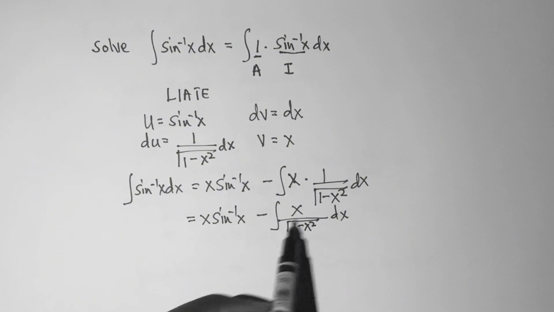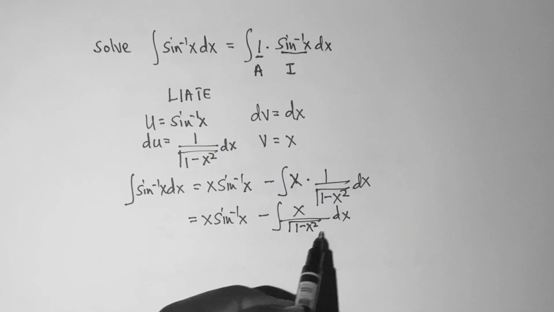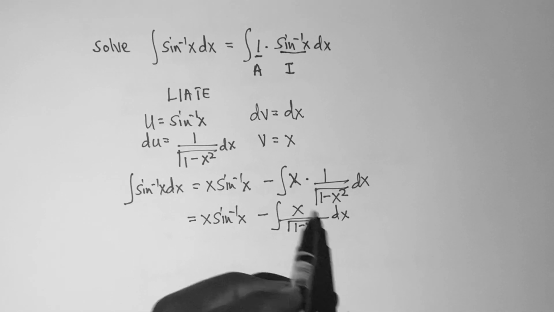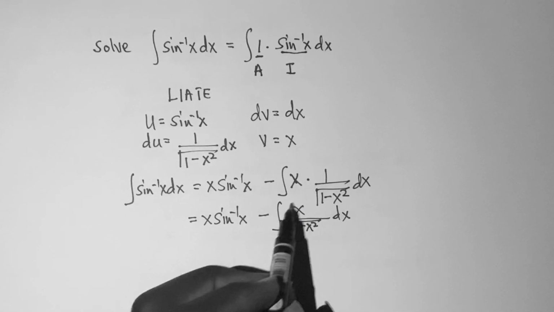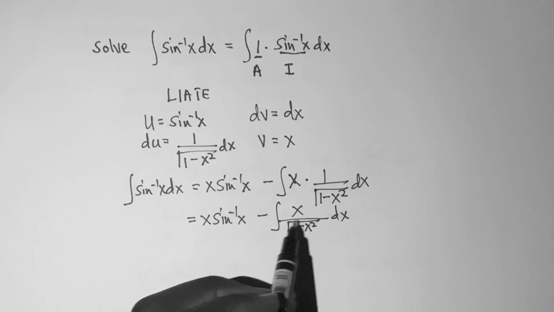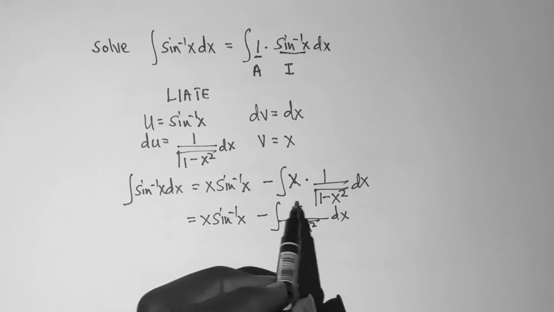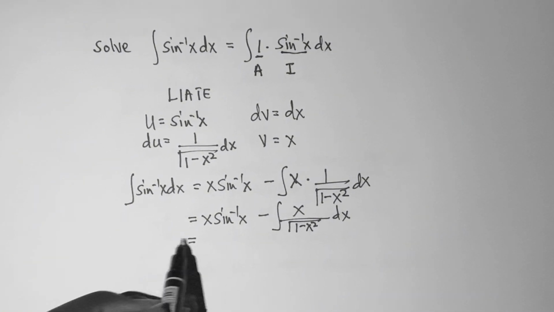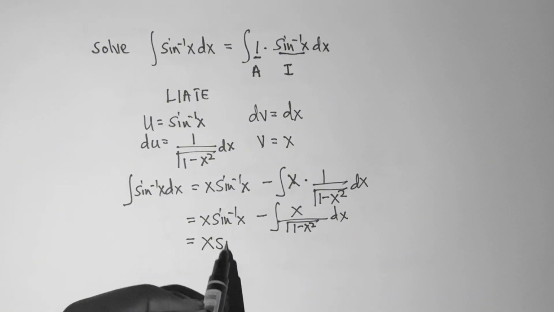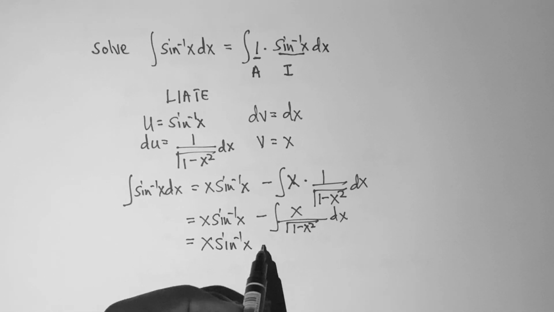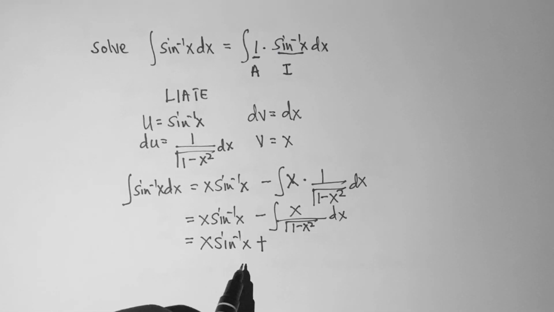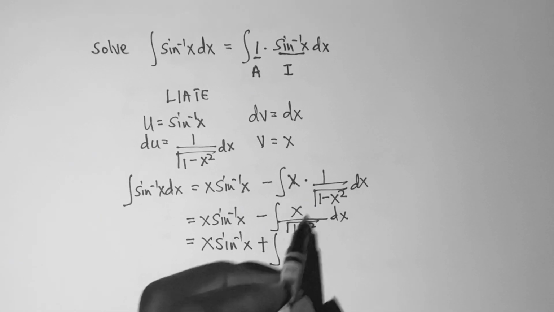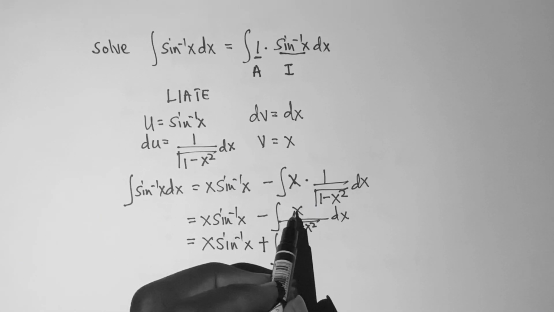Now, if you differentiate what is inside the square root, if you differentiate 1 minus x squared, you will get minus 2x. But the numerator is just x. So we need to make sure that the numerator looks like minus 2x. So the way to do it is to say this is equal to x sine inverse of x, then plus, I want to push minus 1 inside, the integral of, however, I want to have minus 2x in the numerator.